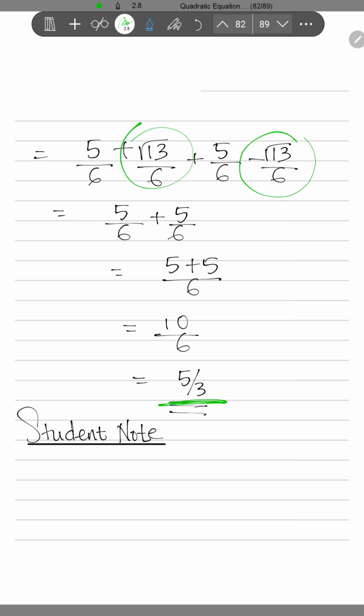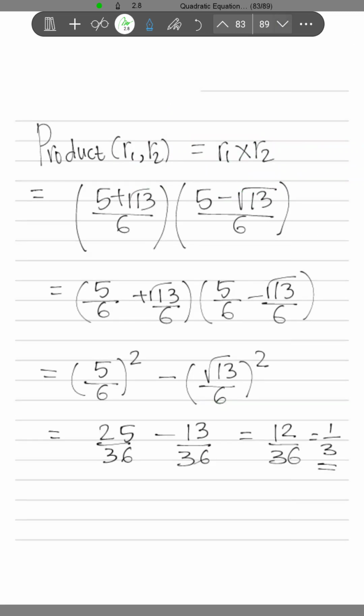What we have to cancel out, we can see when we add these two, it's going to be 2 times 5 over 6, which is 5 over 3. The product of r1 and r2 is the difference of two squares, something we have applied already when we derived the formula. So we end up with 1 over 3.